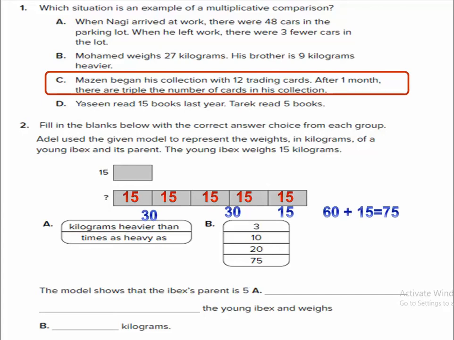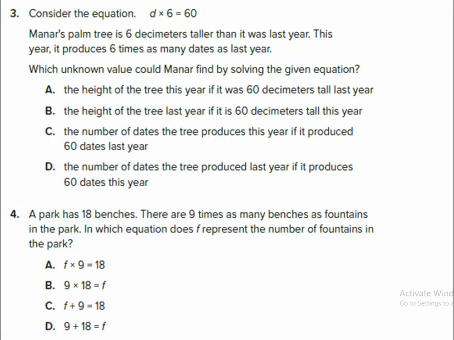The model shows the ibex parent is 5 times as heavy as the young ibex, and its weight, how much? Yes, 75 kilograms.